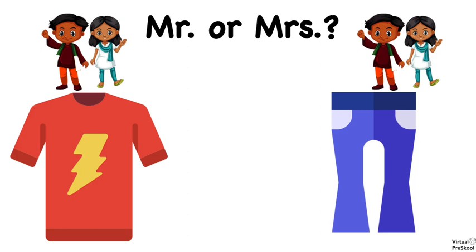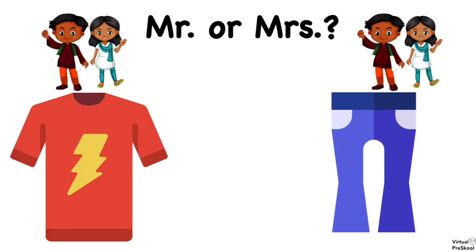Each noun is pre-assigned to one of these categories, either pull or stri. It doesn't matter whether you are a boy or a girl. What matters is whether the shirt is a pull noun or a stri noun. Same thing with pants. What matters is whether the pants are a pull noun or a stri noun.